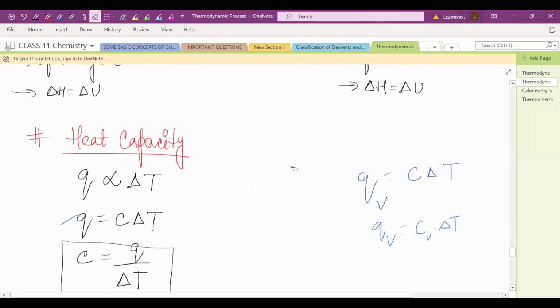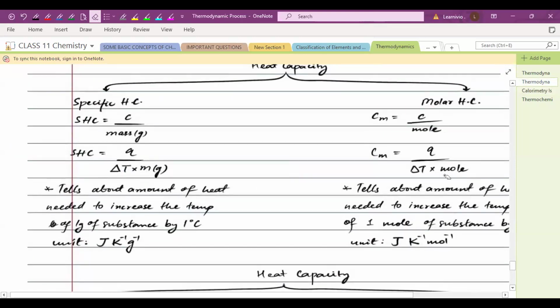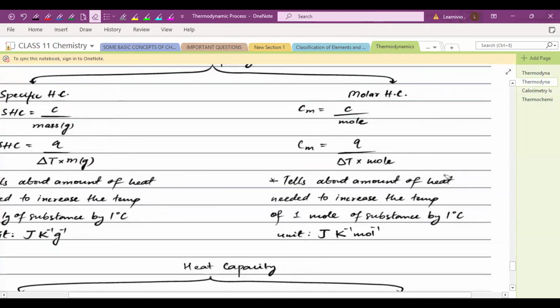Molar heat capacity tells about the amount of heat needed to increase the temperature of 1 mole of a substance by 1 degree Celsius. The unit is joule per Kelvin per mole.